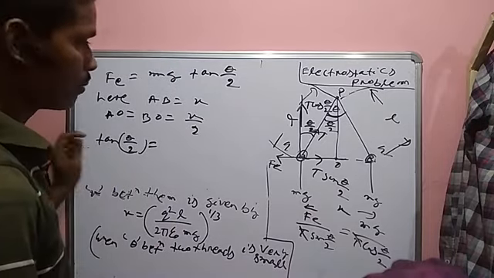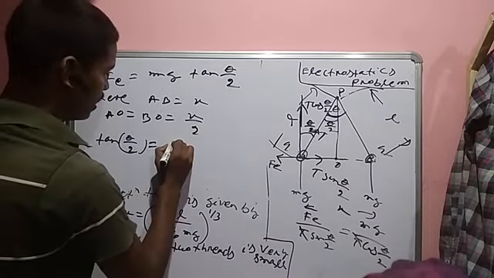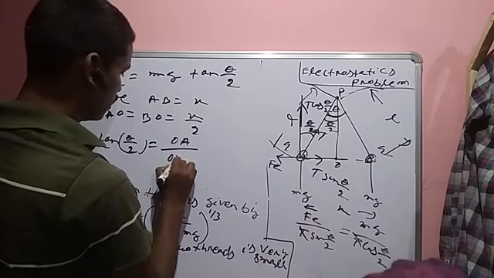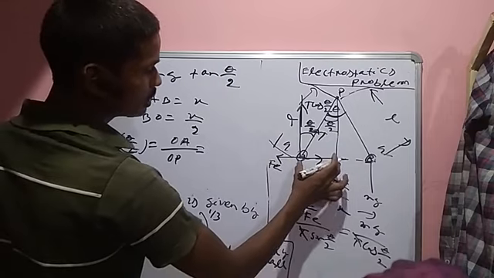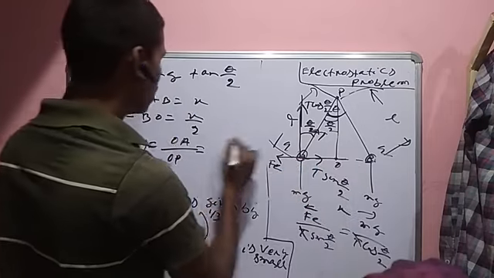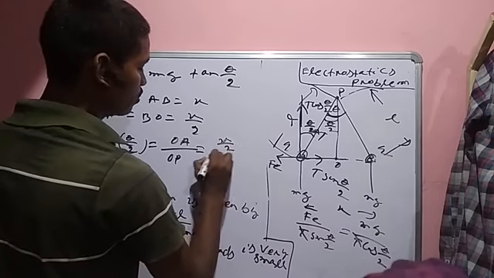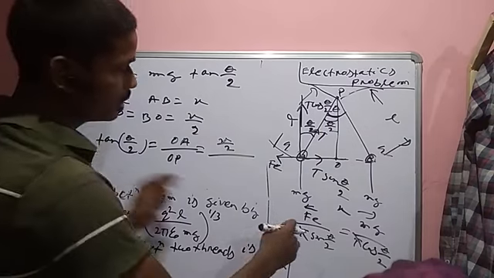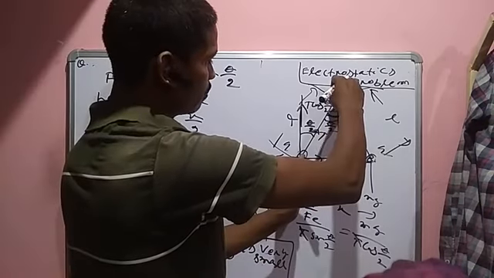So tan theta by 2 is equal to OA by OP. OA means x by 2, this is x divided by half, which is x by 2. OP is what? OP is this square, Pythagoras formula.